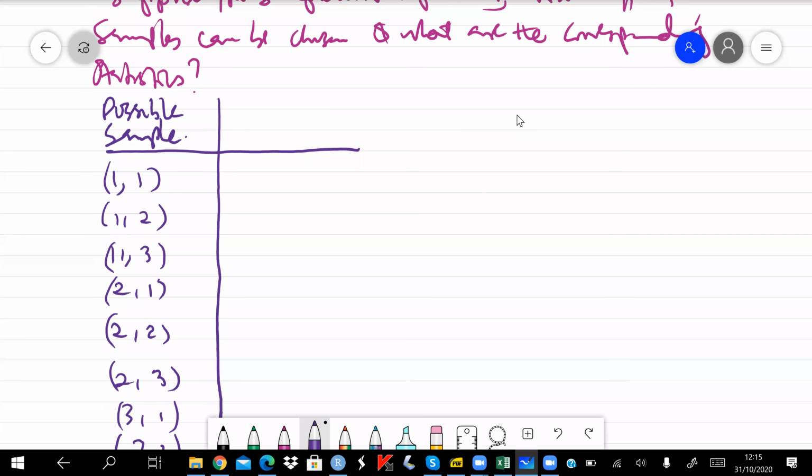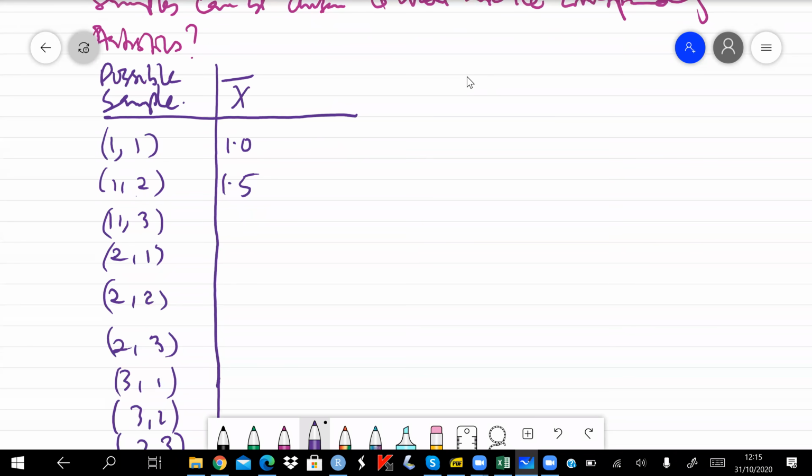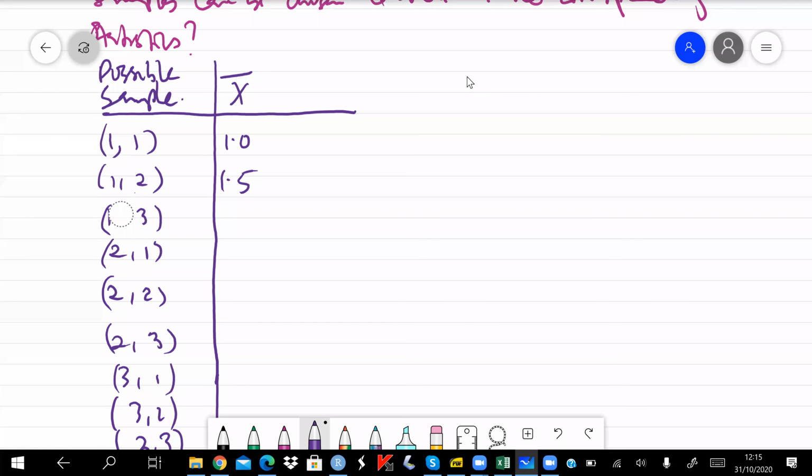Then let's obtain X bar in each case. For someone whose sample is 1 followed by a 1, the mean for that sample will be 1.0. Just take 1 plus 1 over 2. Then for the sample with measurements 1, 2, the sample mean will be 1.5. Then for 1, 3, this will be 2.0.